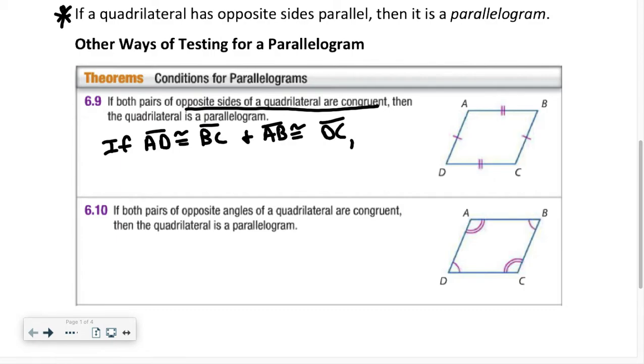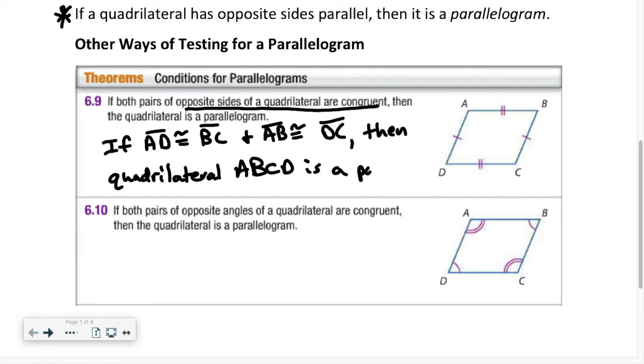If that's true, then quadrilateral ABCD is a parallelogram. Kind of ran out of room there.